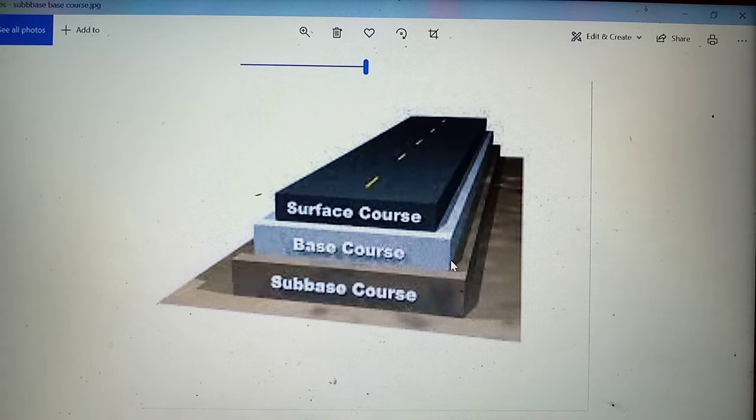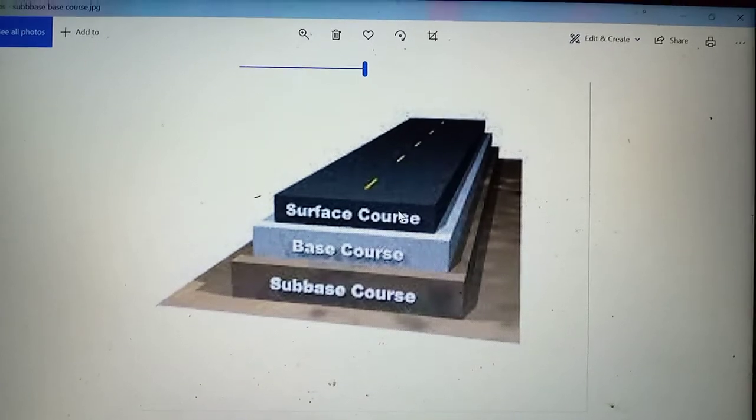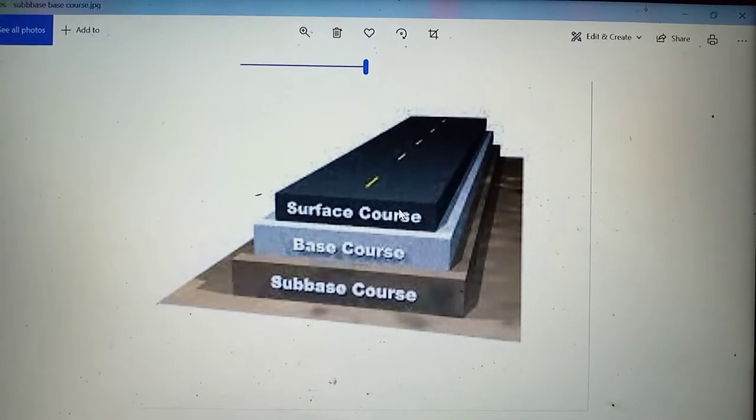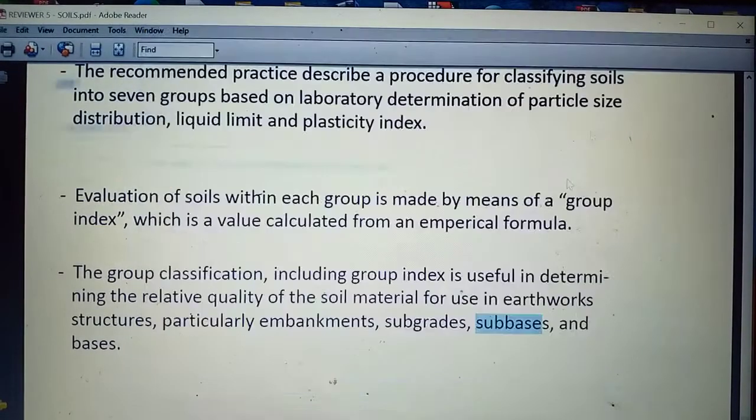I-compact mo ulit hanggang sa ma-achieve niya yung 95% compaction, then again yung surface course, yun yung asphalted or cemented highways mo. So, yan yung parts of your road pavement, or road construction, or your roadway. Please remember that one, para hindi kayo malito.